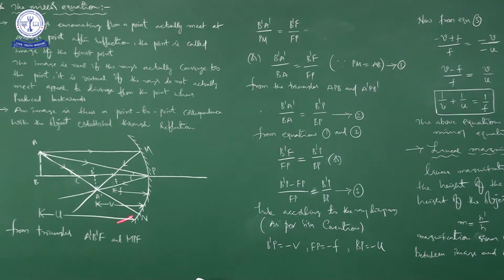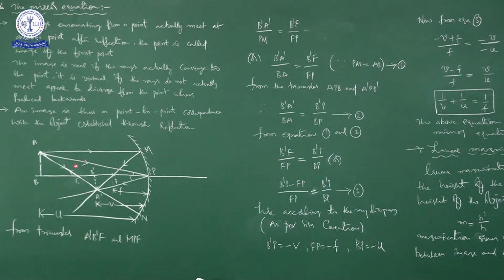Try to understand this picture. It is the principal axis. It is the spherical mirror. It is the rough surface. It is the reflecting surface. Okay, it is the object AB, an extended object. A dash B dash is the image of this object.